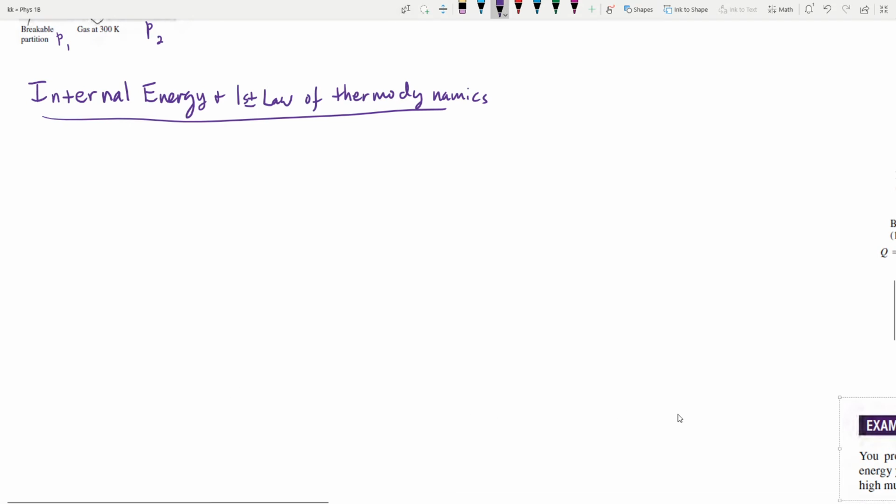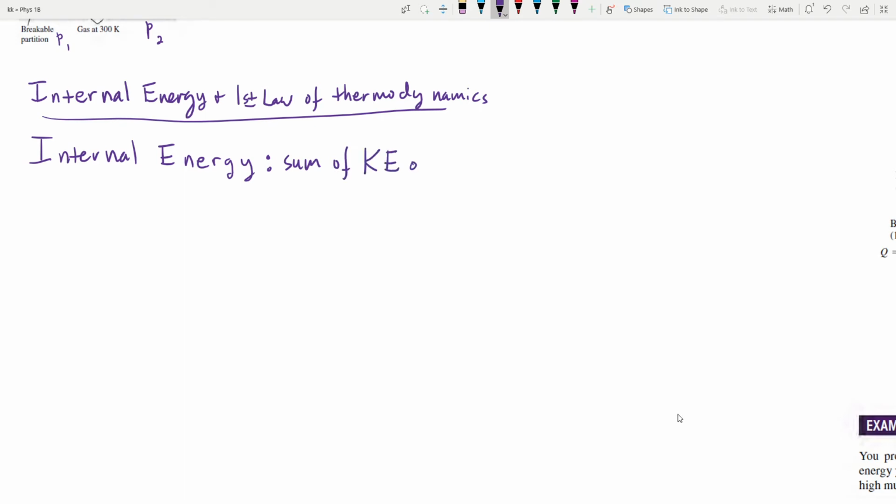But in general, what we mean by internal energy is a sum of all of the kinetic energy of the particles as well as the sum of the potential energy of interaction between the particles.